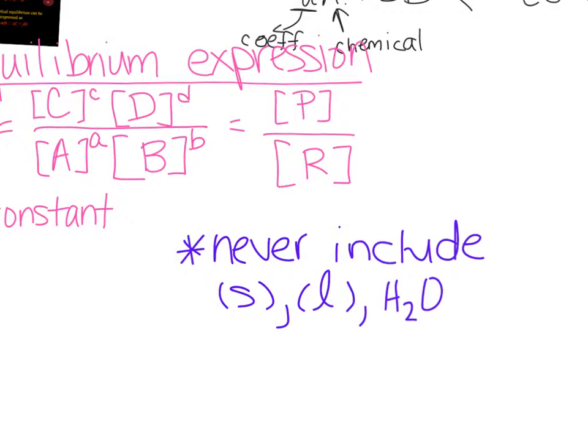Okay? All right, and do you guys know what I mean by liquid, by the way? What's the difference between liquid and aqueous? All right, aqueous means that it's a solution, means something was dissolved in water. So that means that ions are split apart. There's stuff going on.